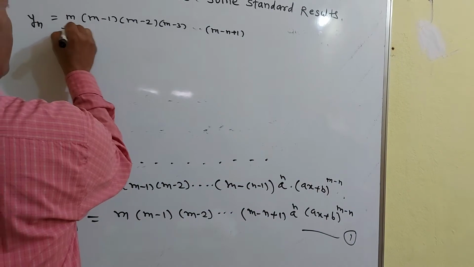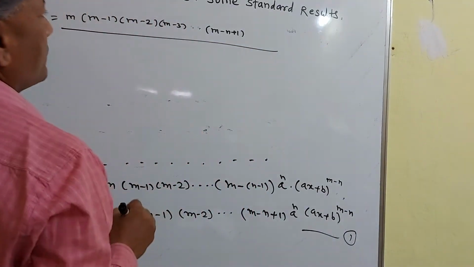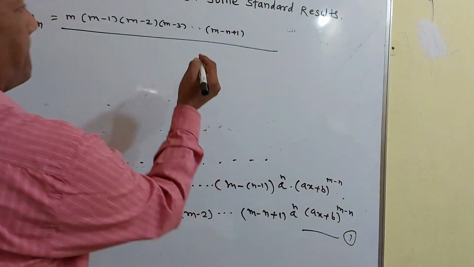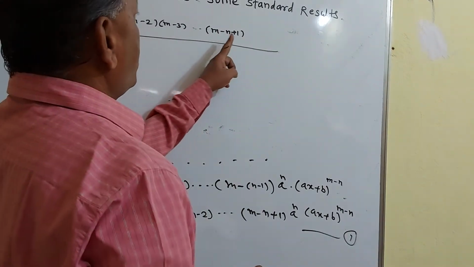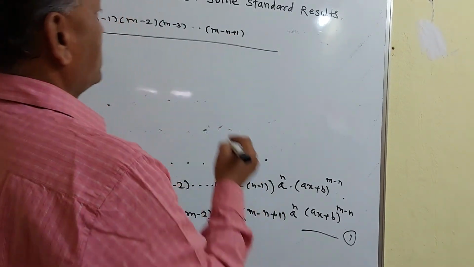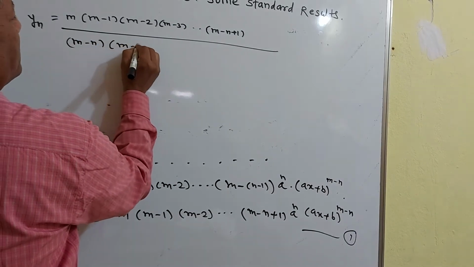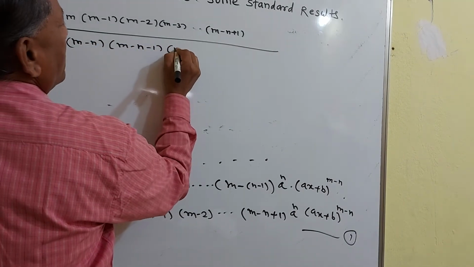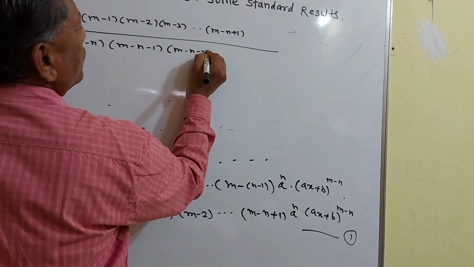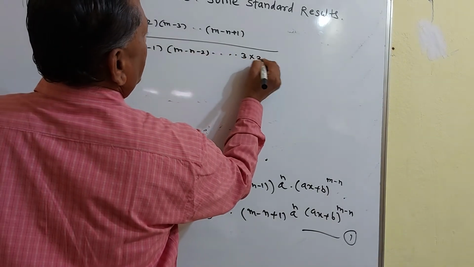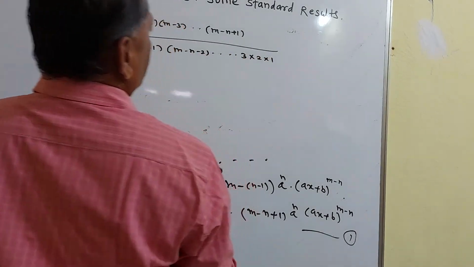But this can be written as, so you divide and multiply by m minus n, m minus n minus 1, m minus n minus 2 up to the 3 into 2 into 1.